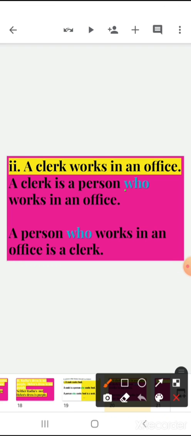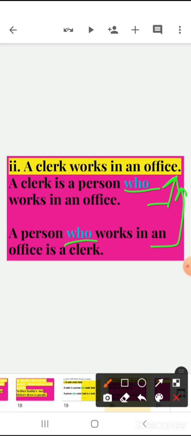A clerk is a person who works in an office. Done? Meaning of these 2 is the same, right? Next, a person who works in an office is a clerk.